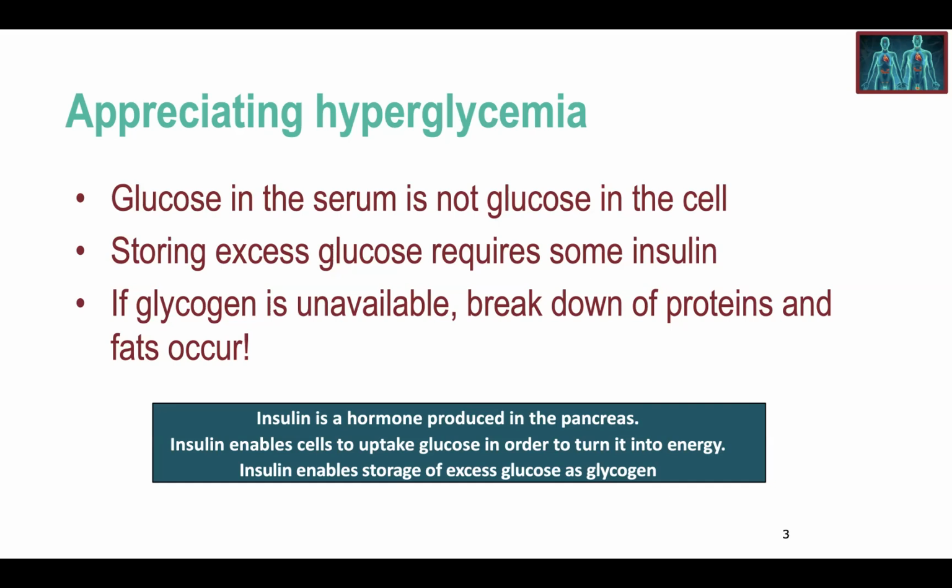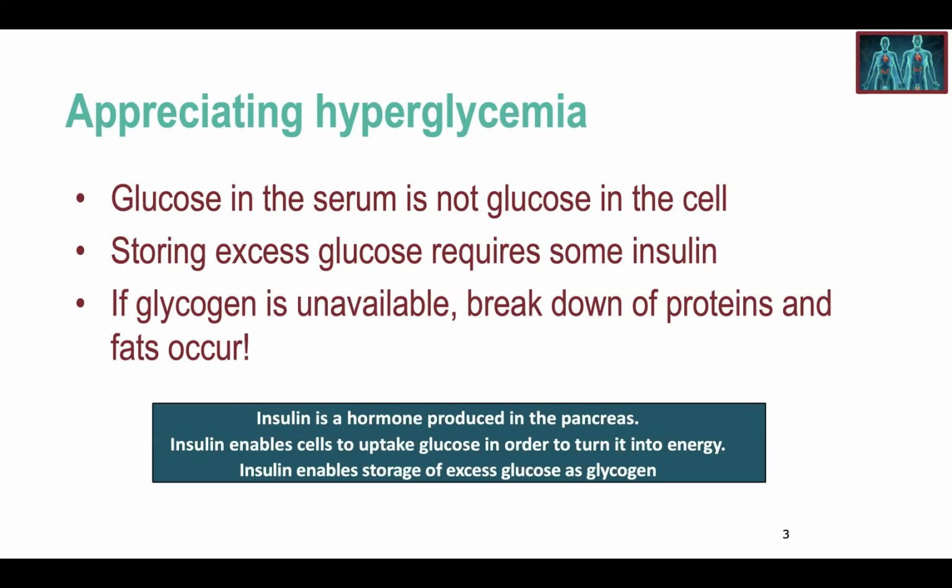So typically patients who have some insulin in crisis will not necessarily go to the breaking down of proteins and fats. They'll go to the breaking down of stored glycogen because they have enough insulin to make glycogen, but not enough insulin or not enough receptor sites to respond to insulin to transport glucose into the cell.